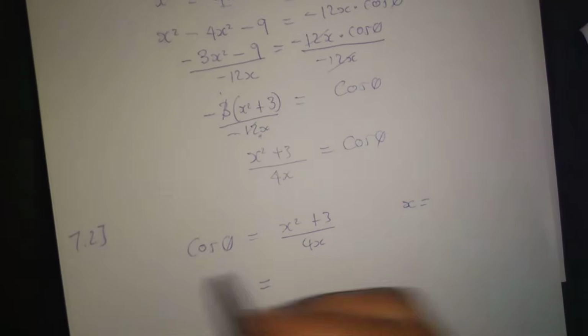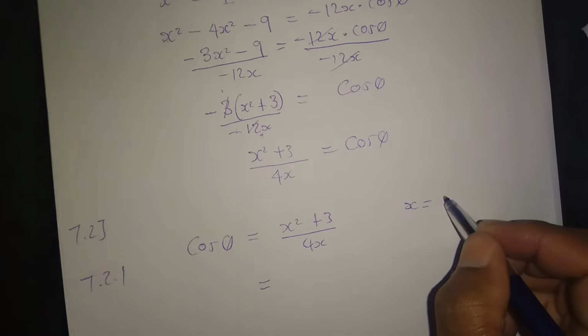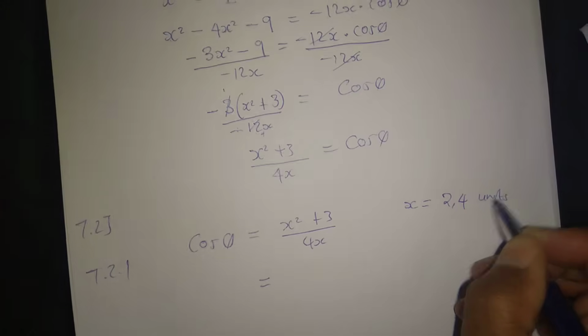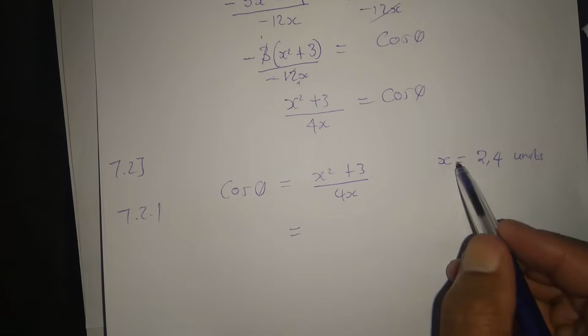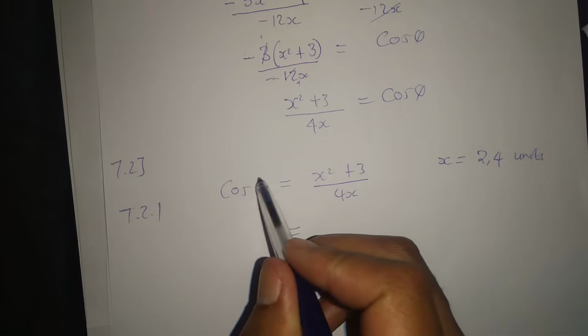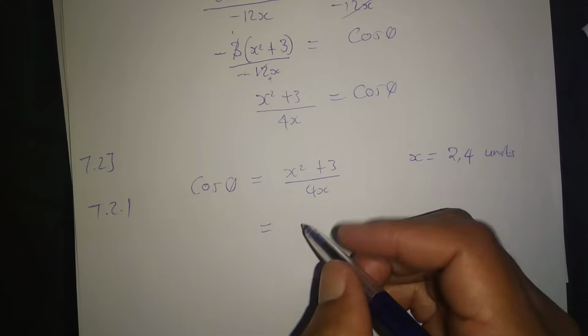7.2, actually it's 7.2.1. X is given as 2.4 units. So therefore just substitute x into your expression, then you calculate what? Theta using the arc cos.